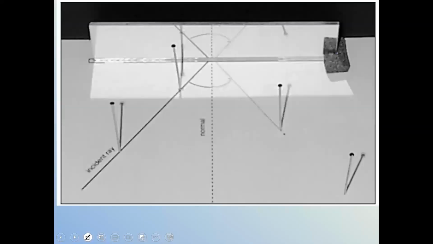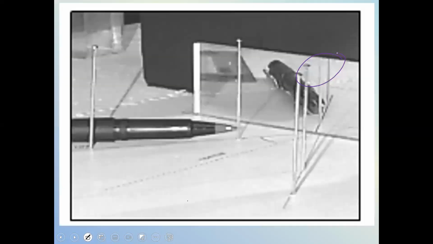So now look at this screen, and this is a mirror, and we have to look in the mirror, and then we remove the pins.